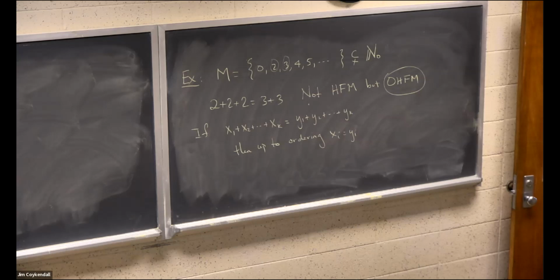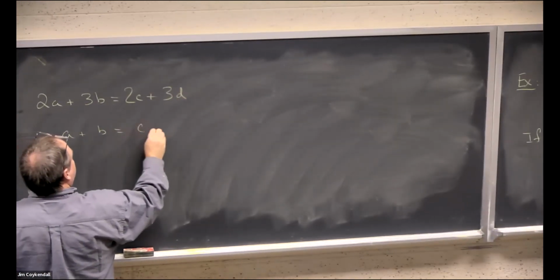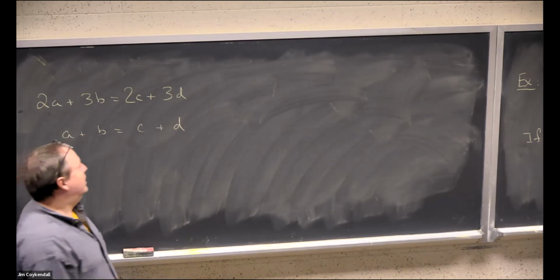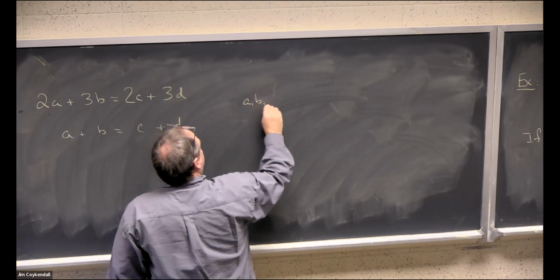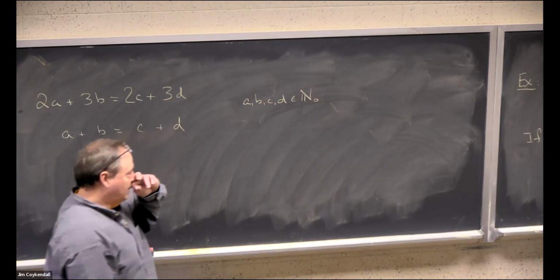In this particular monoid, there are two irreducibles, 2 and 3. So maybe I've got 2a plus 3b equals 2c plus 3d. And I assume these have the same length, so I have a plus b equals c plus d. Here, of course, a, b, c, d are not integers, but they're in the natural numbers union 0.